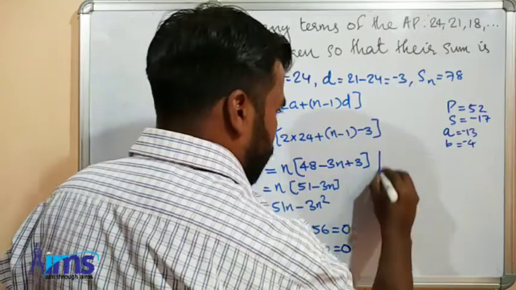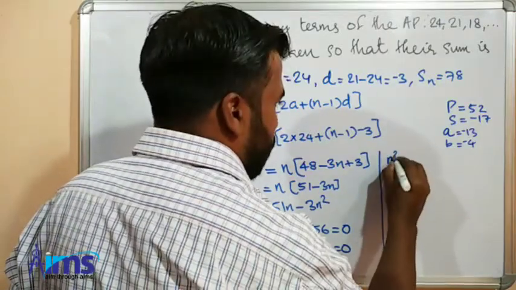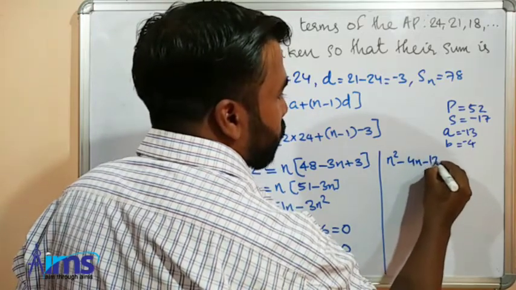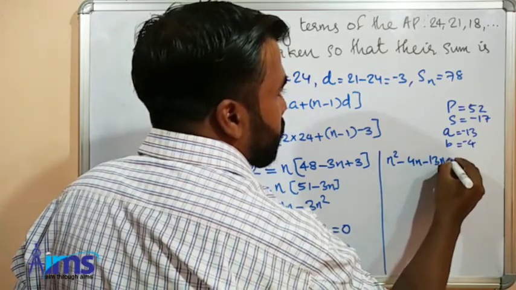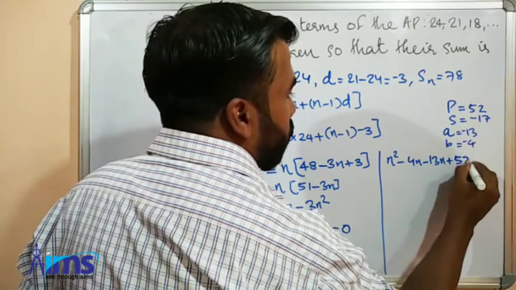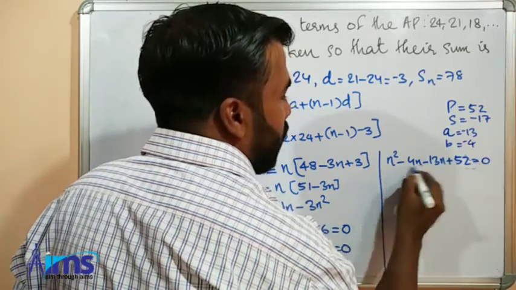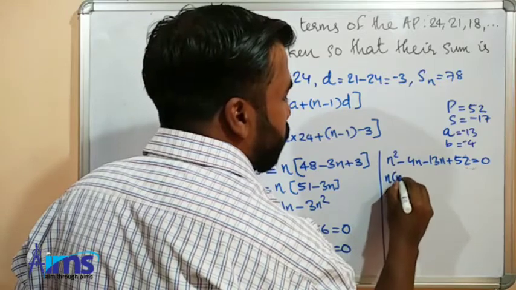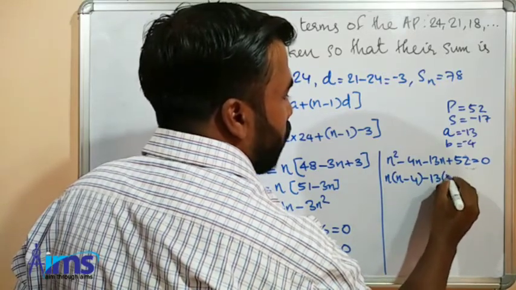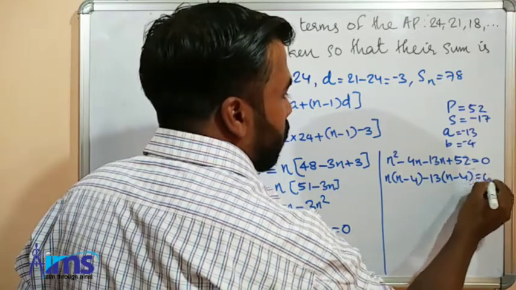So this equation will become n square minus 4n minus 13n plus 52 is equal to 0. So here n we can take common, n into n minus 4 minus 13 into n minus 4 is equal to 0.